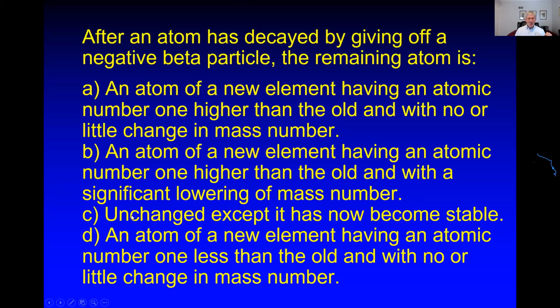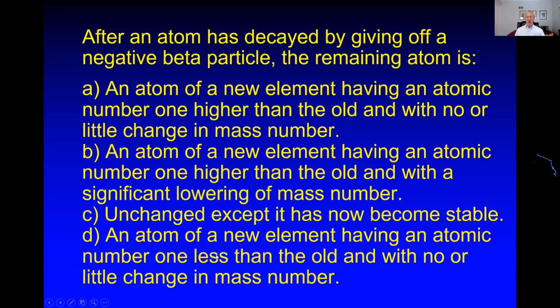I guess there are some exceptions to that rule, like P-32 decays to stable sulfur-32, but it's not unchanged in the sense that it's not the same element. If it's beta minus decay, it'll always be a new element. D, an atom of a new element with a Z number 1 less, that's totally wrong.